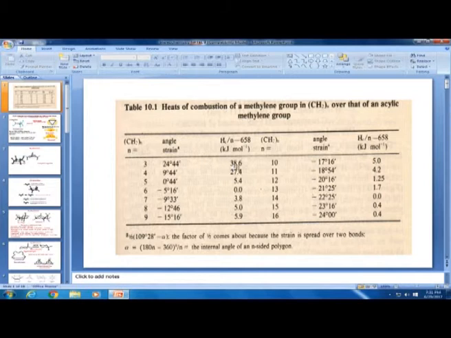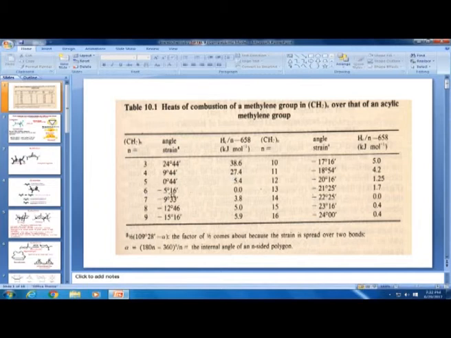For cyclopropane it is 38.6, then 27.4, then 5.4. So, it is decreasing. That means cyclopropane is the least stable compared to the linear system. Cyclopentane is more stable than cyclopropane, and the angle strain is only about 0.5, and the heat of combustion difference is 5.4.